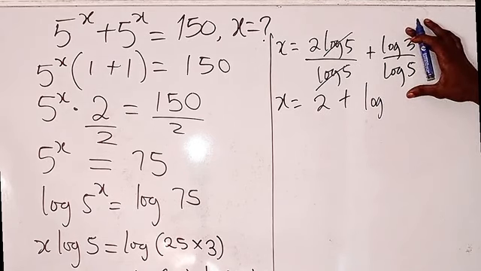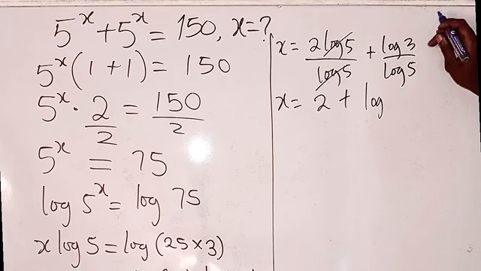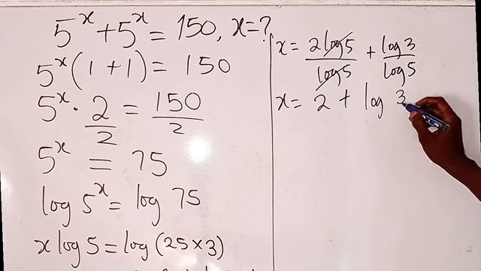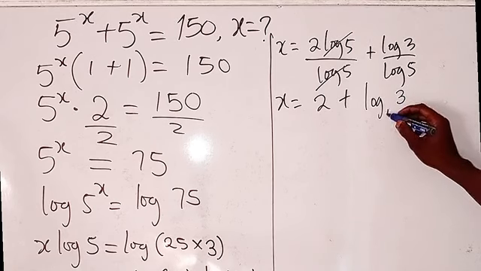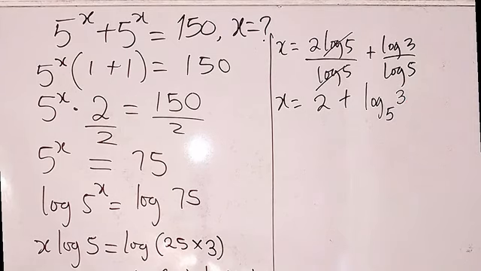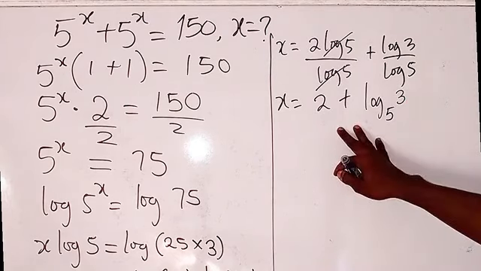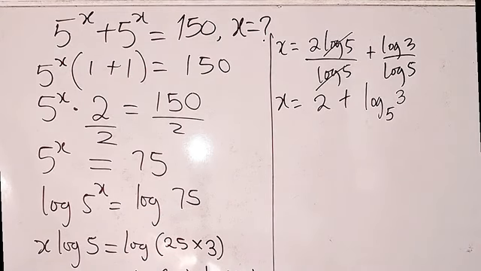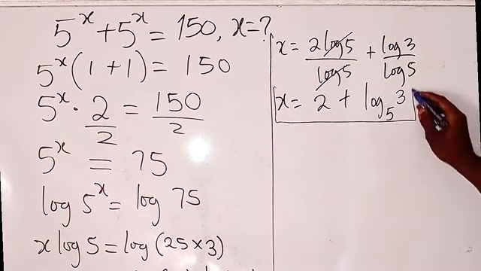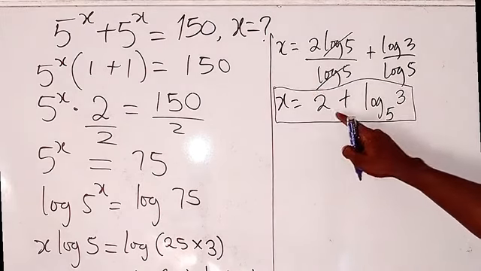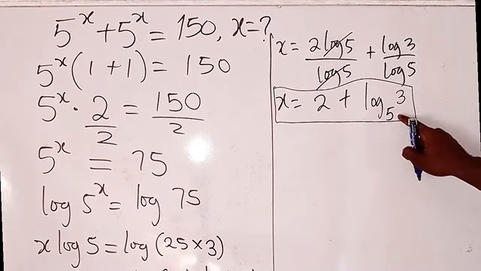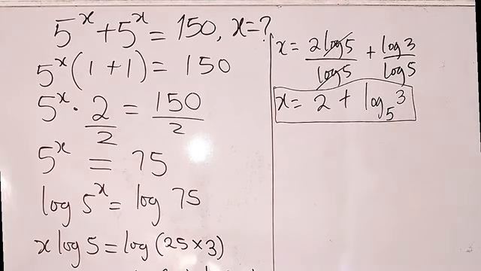If I want to write this as a single logarithm form, the 3 will be the argument, and 5 returns to the base. So we have the solution, solving completely, x equals 2 plus log of base 5, argument 3. So that is that, right?